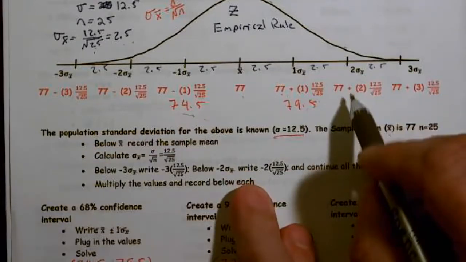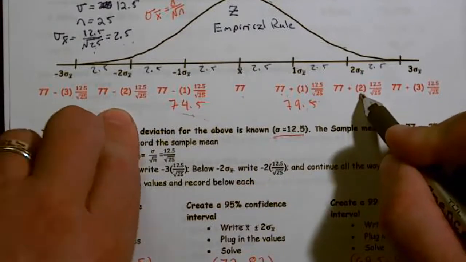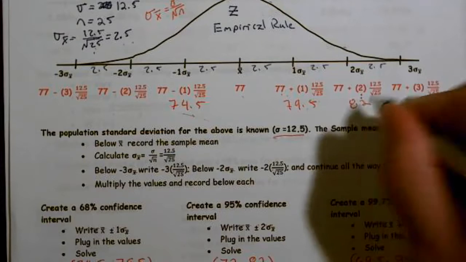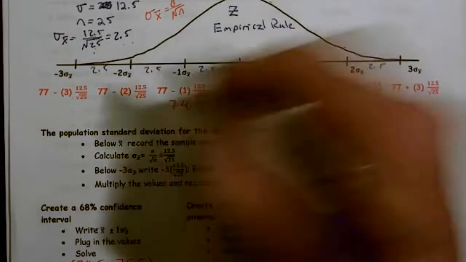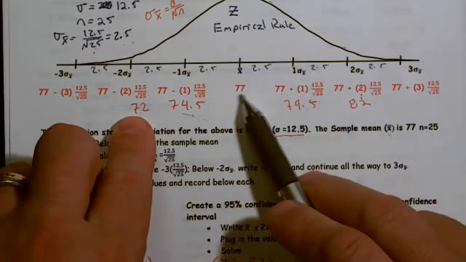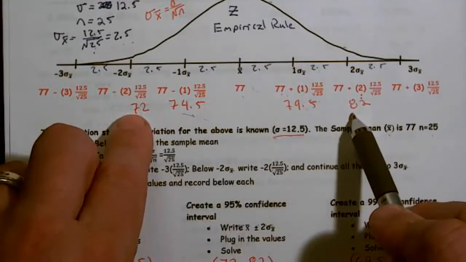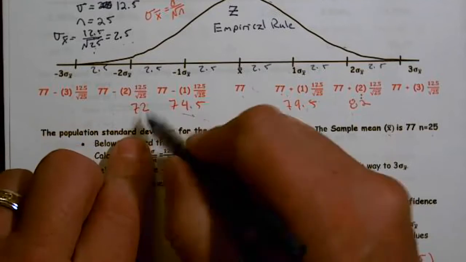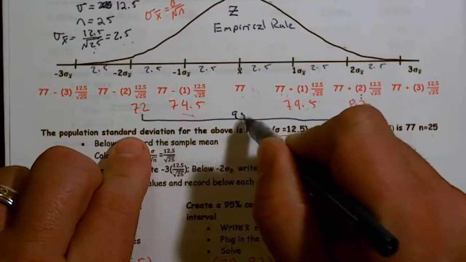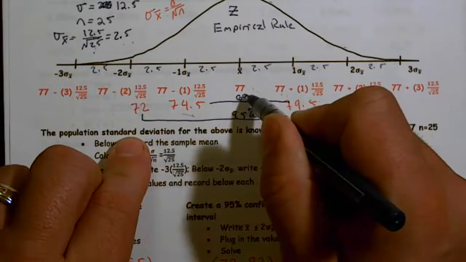On the other hand, if I wanted to be 95% confident, I'd need to go plus or minus 2 standard deviations, in which case my upper bound would be 82 and my lower bound would be 72. It's no more than 5 below or 5 above, and I'm 95% confident that it fell within this interval, just like we said that this was 68%.